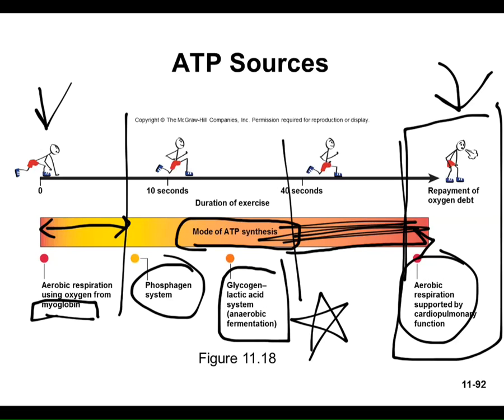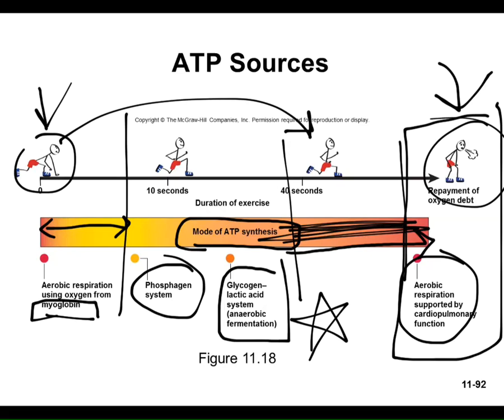This could be minutes, seconds, minutes to hours, based upon your fitness level and your muscle training. We all can start, and we can all get to some point before we start huffing and puffing at the end. But it's this gap right here in the dark line that really defines an athlete from a non-athlete. How long you can go in this anaerobic state. Okay.